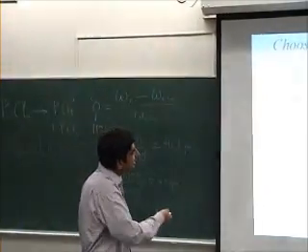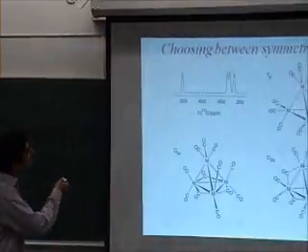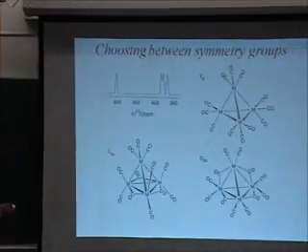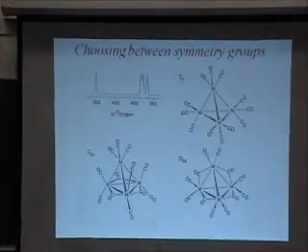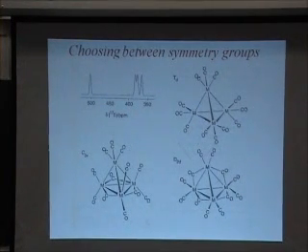Now you have different candidate structures. You can use the NMR spectrum to choose between these candidate structures or choose between these symmetry groups. Now I give you half a minute or a minute to decide which symmetry group this particular molecule falls in.